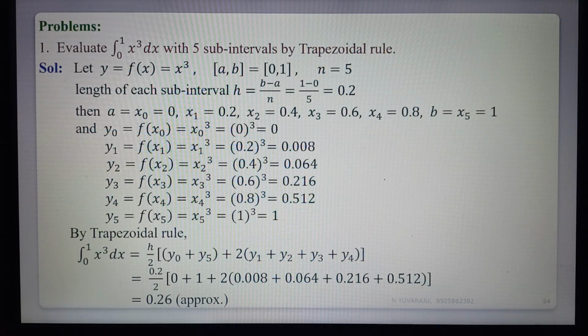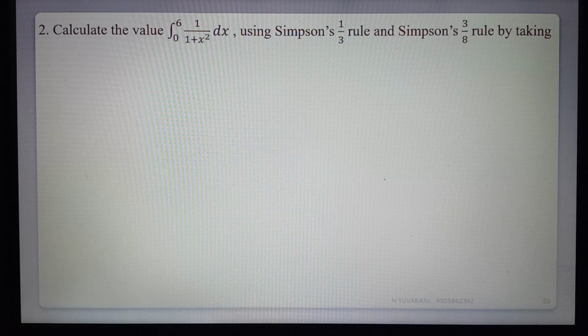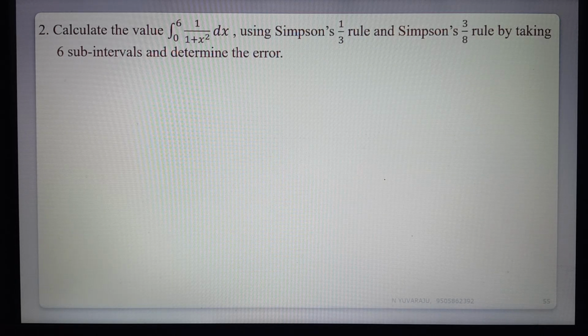Okay, see the next example. Calculate the value of the integration from 0 to 6 of 1 by (1 plus x square) dx using Simpson's 1 by 3 rule and Simpson's 3 by 8 rule by taking 6 subintervals, n is equal to 6 here, and determine the error.